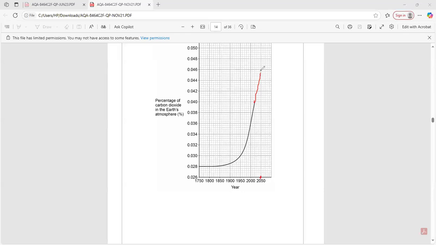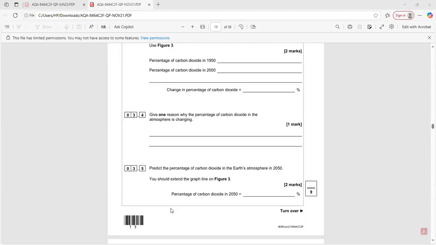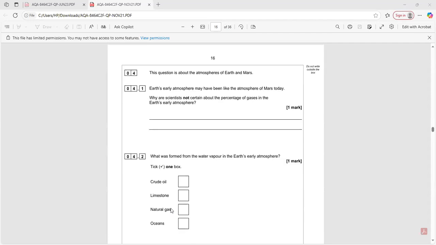So I think to predict it so that we don't have to start calculating values on the y-axis, it's safe for us to go with 0.046, right? Hello, Noah, do you agree? Yes. Okay, so I think 0.046 is a safe estimate or prediction.